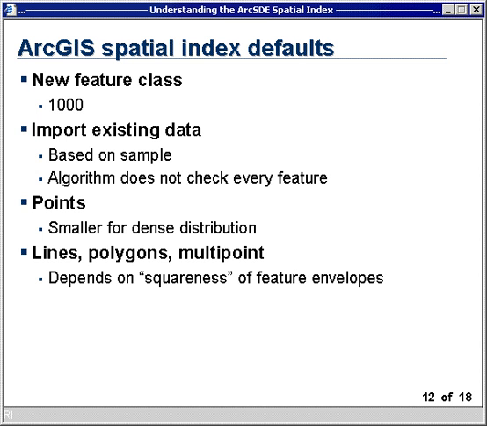When you create a brand new empty feature class, it's always going to give you a default grid tile size of 1,000, regardless of what your data units are. And remember that the grid tile size is always calculated in data units. So if I create a brand new empty feature class and I want to store data in decimal degrees, I'm still going to have a grid tile size of 1,000, and that's going to represent 1,000 decimal degrees.